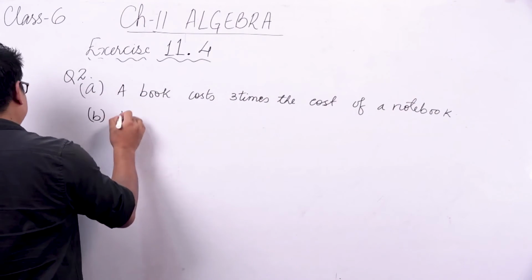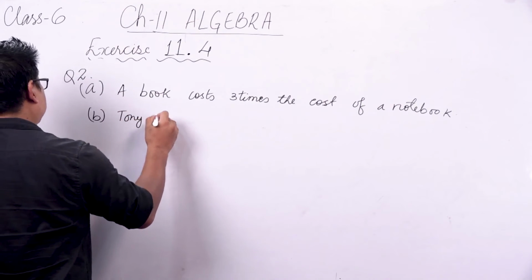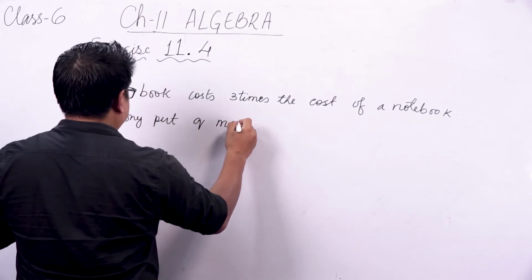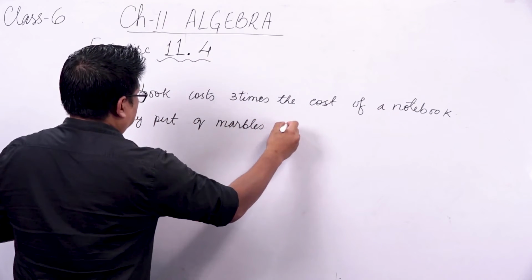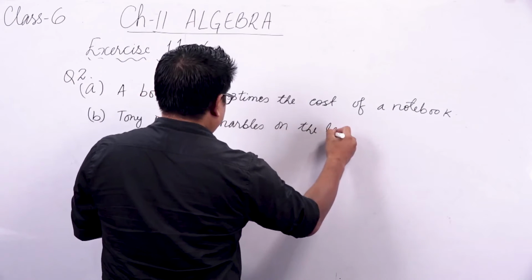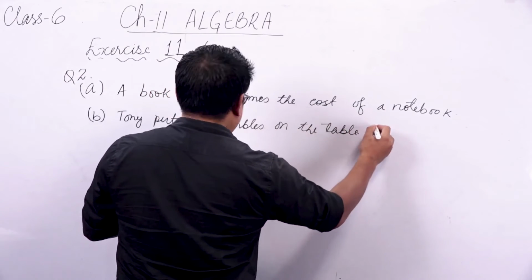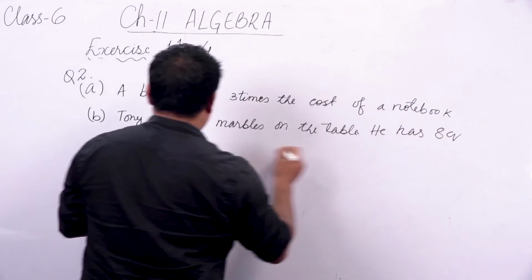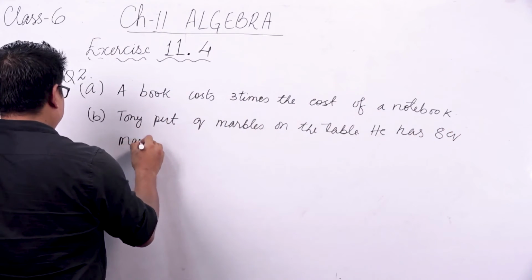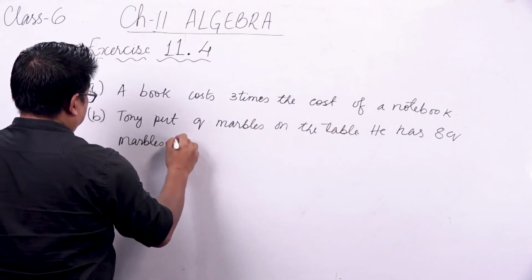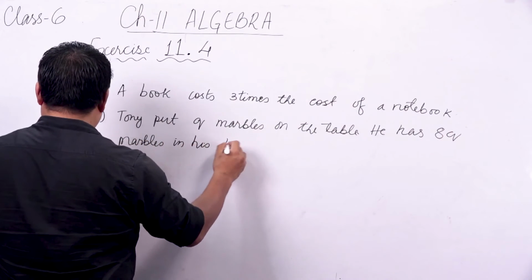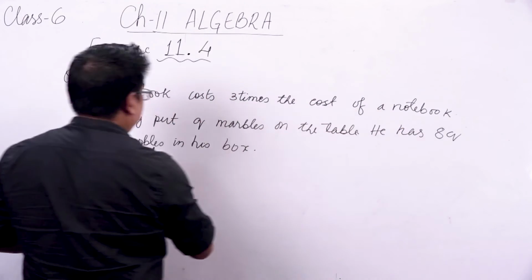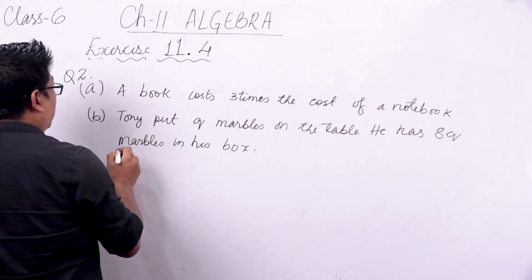Similarly for B, Tony put Q marbles on the table. He has 8Q marbles in his box. Tony put Q marbles on the table. He has 8Q marbles in his box. So this is the question.